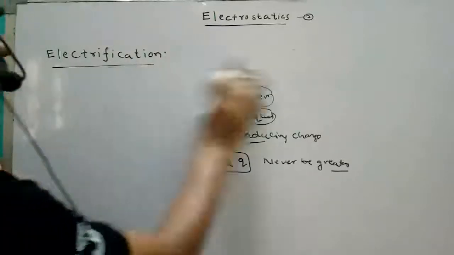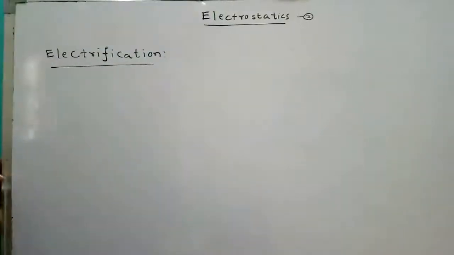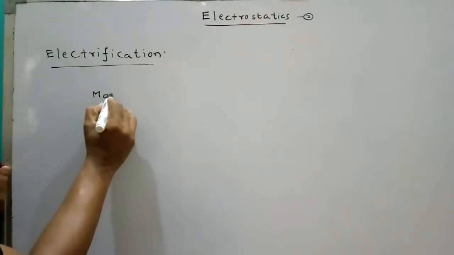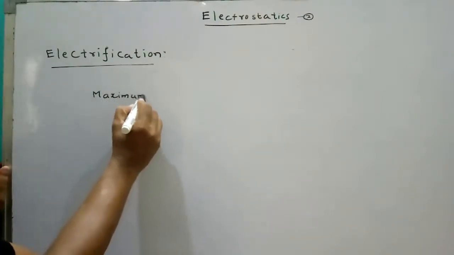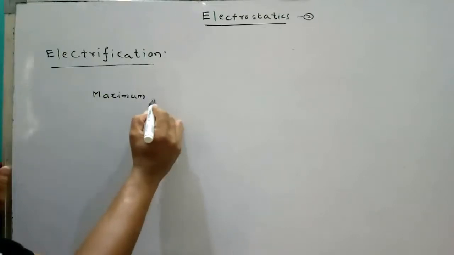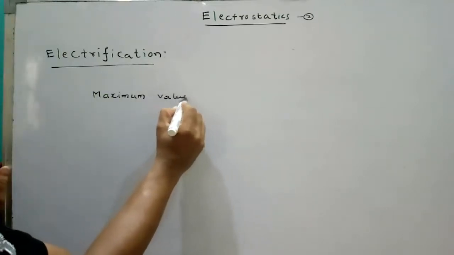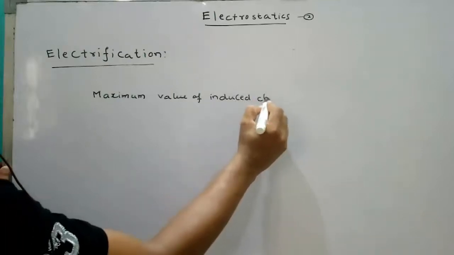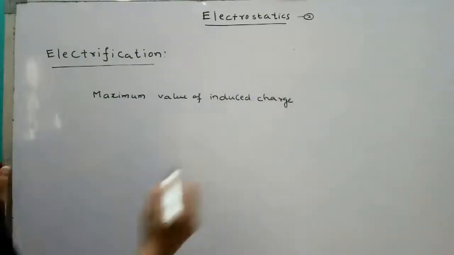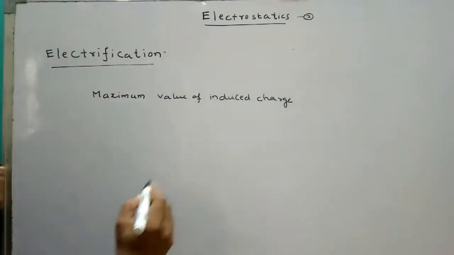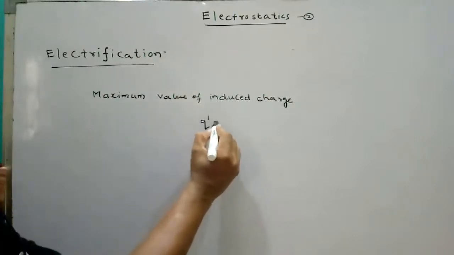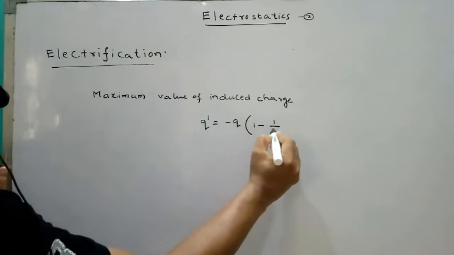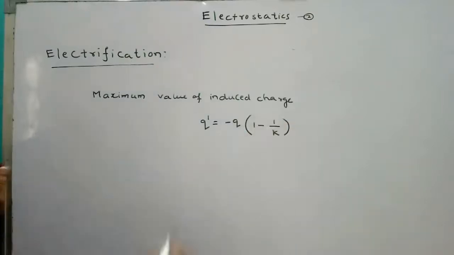One more property is the maximum value of induced charge. The maximum value of induced charge Q dash equals minus Q of (1 minus 1 by K).